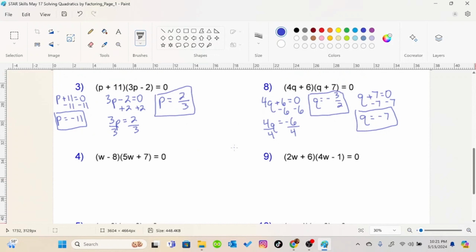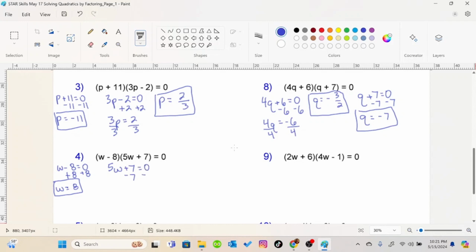Number 4. We take the first factor, w minus 8, and we set it equal to 0. We add 8 to both sides, and we get our first answer, w equals 8. Or we set the second factor, 5w plus 7, equal to 0.